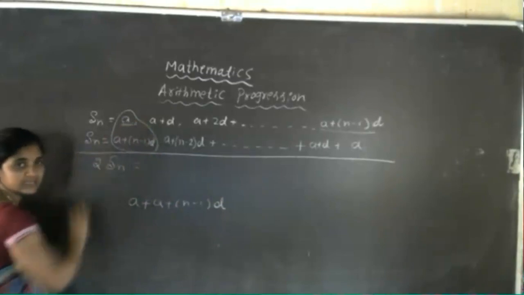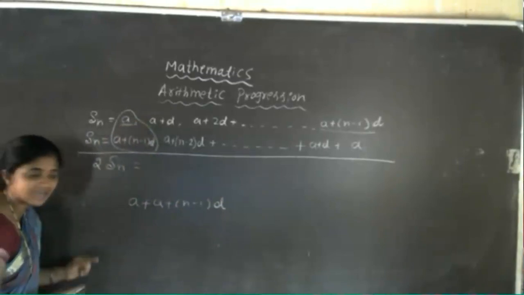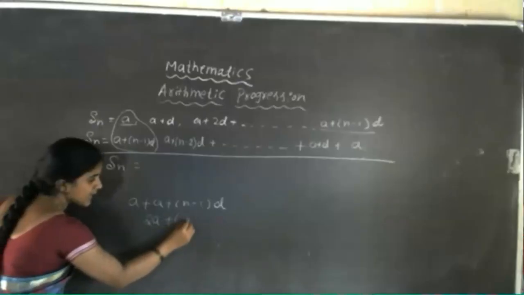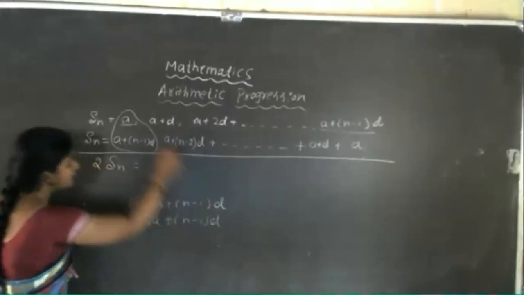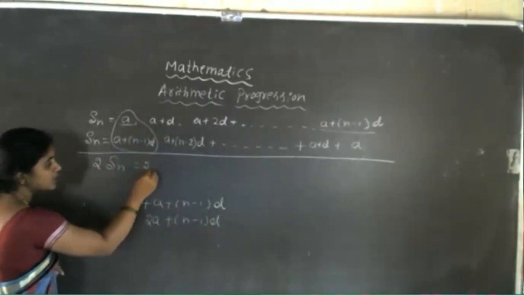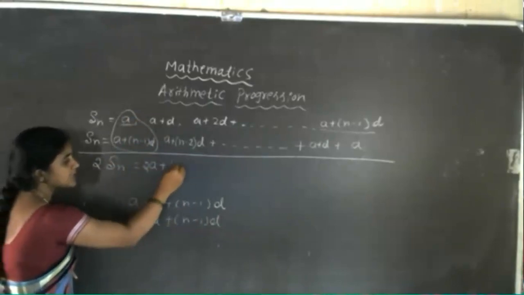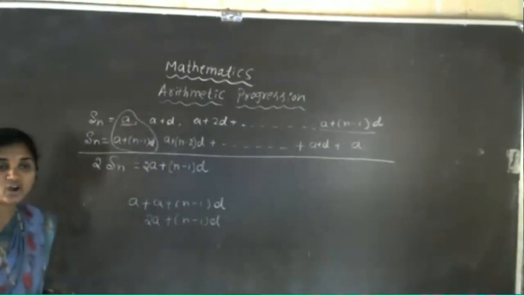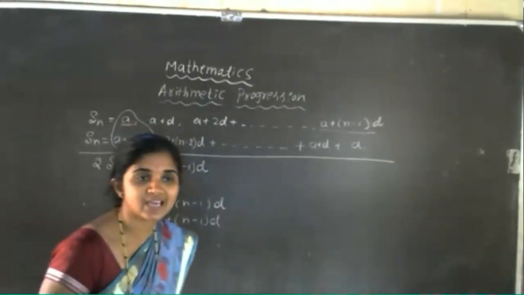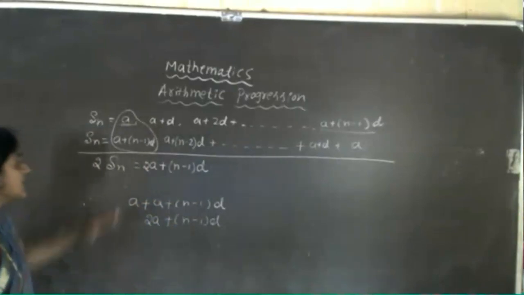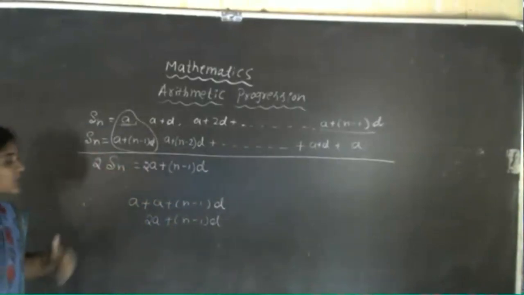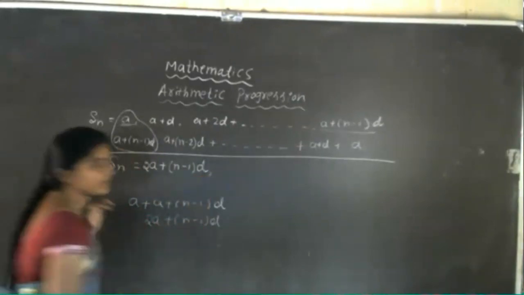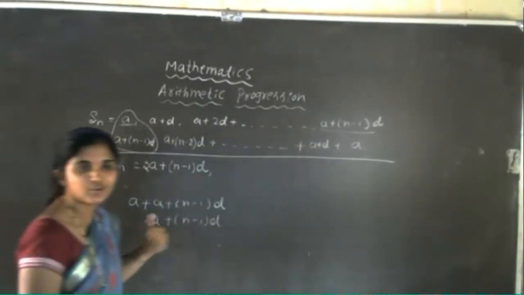When we add these two, what expression do we actually get? A plus A, 2A, then n minus 1 into D. When we add these two, we get the result 2A plus n minus 1 into D. So what is the next one? 2A plus n minus 1 into D. When we add the next pair, what can you observe?